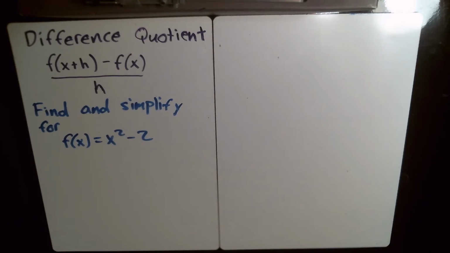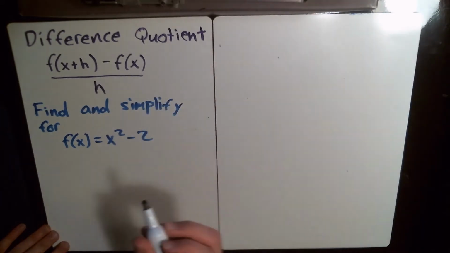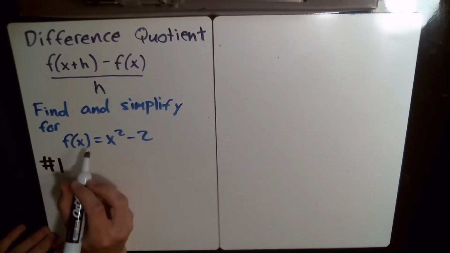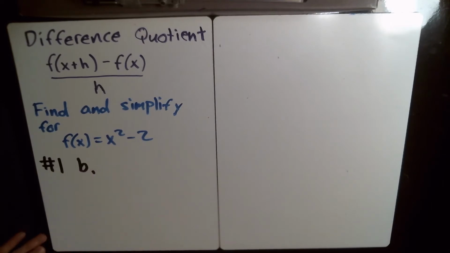And so what we're going to be doing in this video is number 1B on the review, and we're going to find this difference quotient and simplify it, okay?